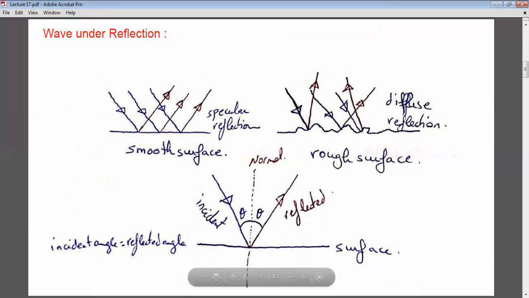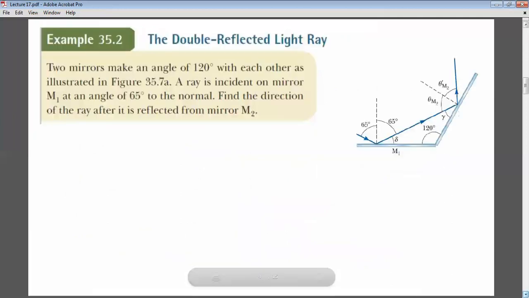Okay, let's do an exercise. Two mirrors make an angle of 120 with each other, so this angle over here is 120, as illustrated in the figure. A ray is incident on mirror 1 at an angle of 65, which is this angle over here.